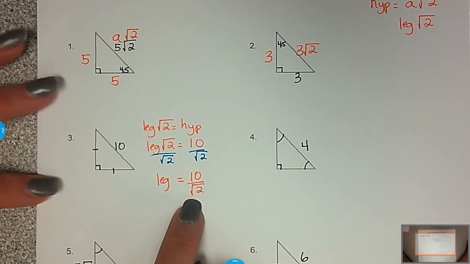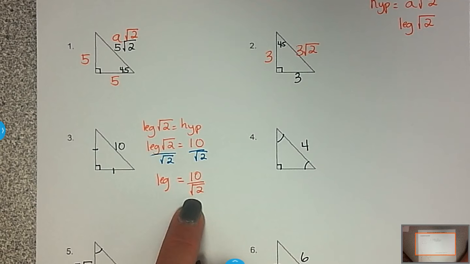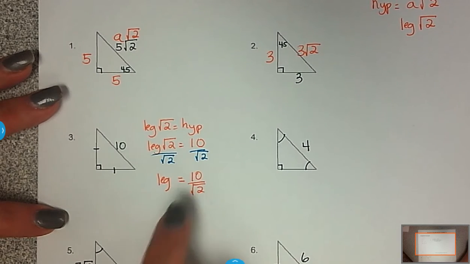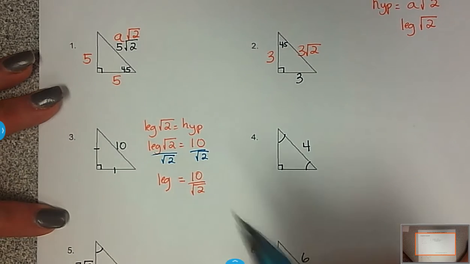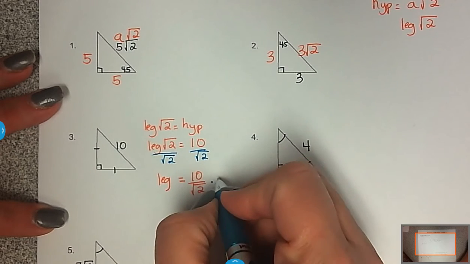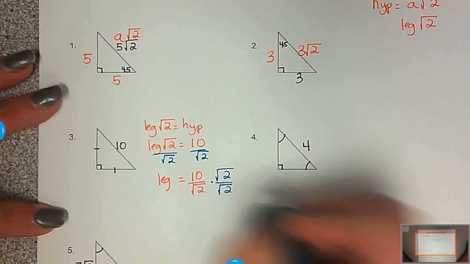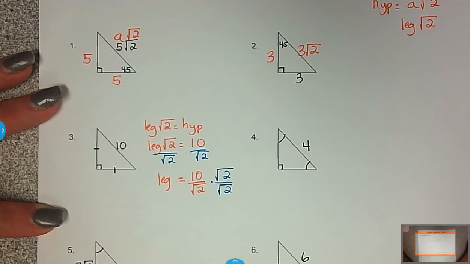But you can't leave your answer like this. Here's where we have to do something called rationalizing the denominator. You should have seen it in Algebra 1. We may have done just a little bit of it earlier in the year, not much, but it's real easy. Here's how it works. Because that is a square root on the bottom, I am just going to multiply by that square root over itself. Remember, if you multiply by something over itself, it's the same as multiplying by 1.